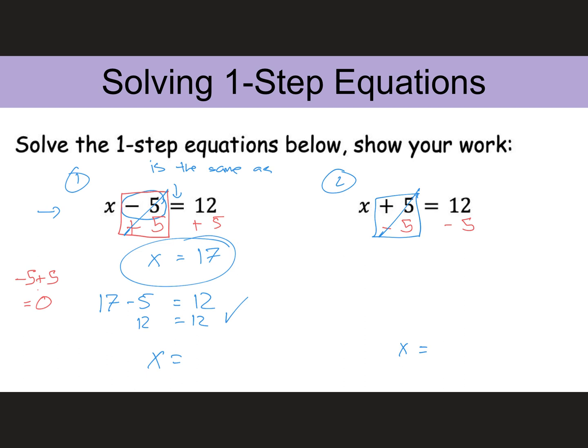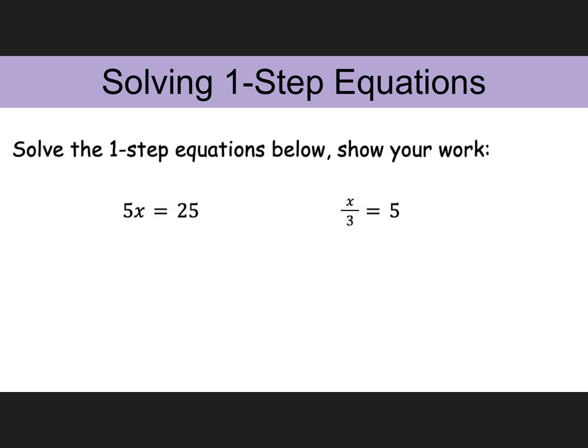And I'm left with only this x on the left side. And that x is going to be equal to 12 minus 5, which is 7. Now I can check my work. If x is 7 and I add 5, does that equal 12? Well, yes, 12 equals 12. So good. So x equals 7.